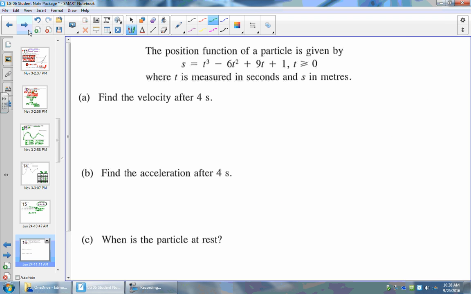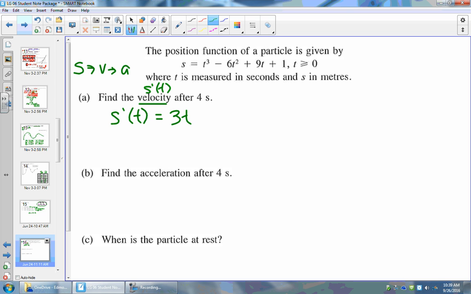All right, so let's look at an example here of putting this all together. The position function of a particle is given by this big function, where t again is in seconds and s is in meters. Find the velocity after 4 seconds. So remember, velocity is my first derivative. So again, s to v to a. I just find that really handy. So first derivative, the nice thing is all these derivatives are pretty easy.